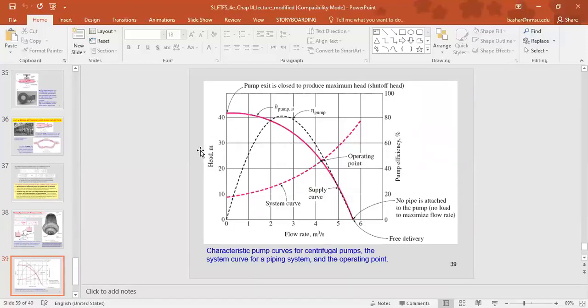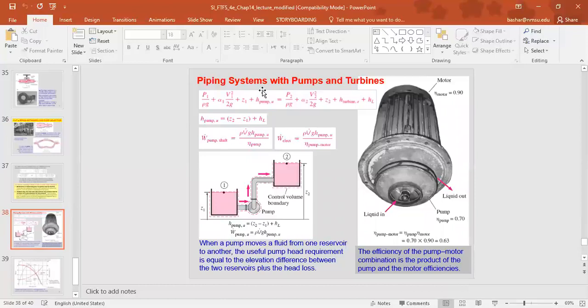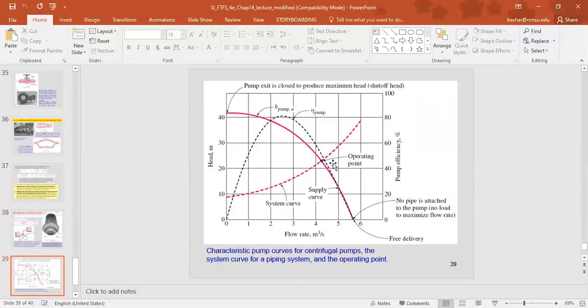That's for the pump head versus the flow rate. While this dashed line here represents the system curve. This system curve comes from the energy equation. The intersection between the characteristic curve and the system curve is called the operating point.